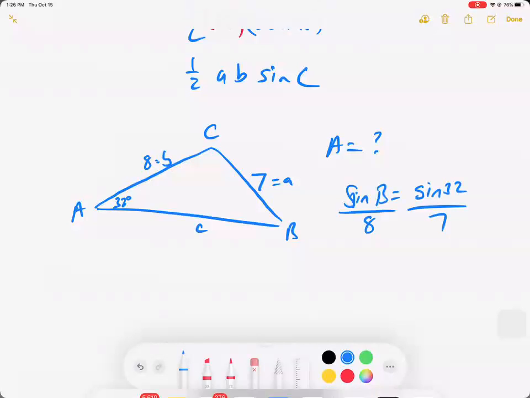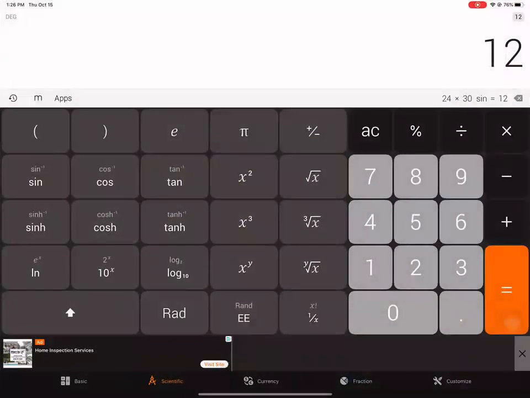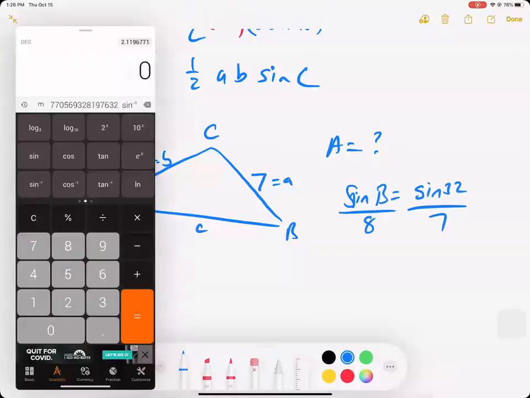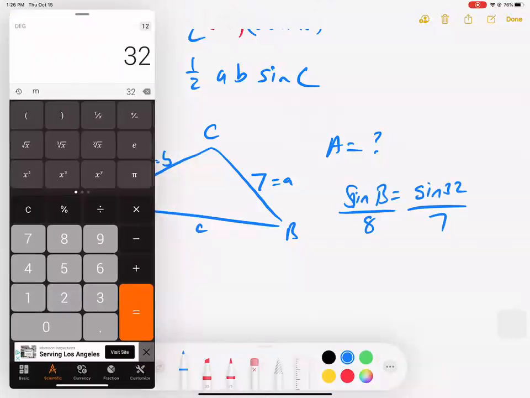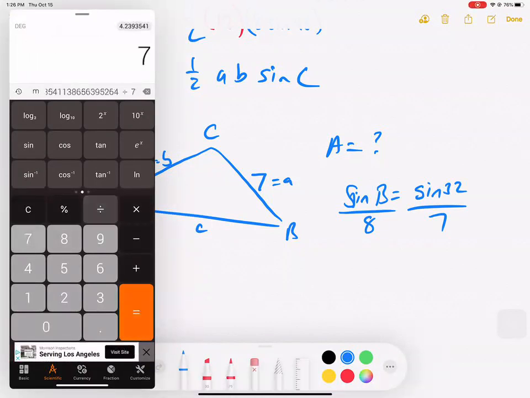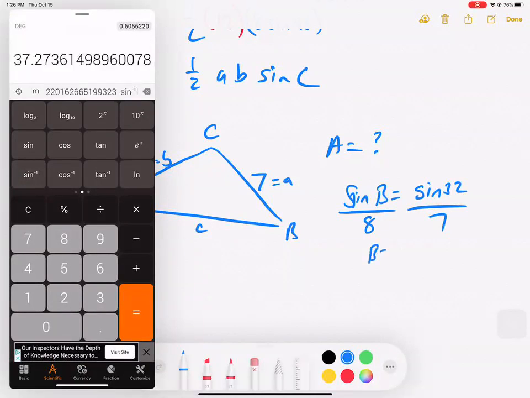So using our calculator, I'm going to type 32 sine times 8 equals divided by 7 equals, undo my sine, and we'll end up with angle B is 37.27.